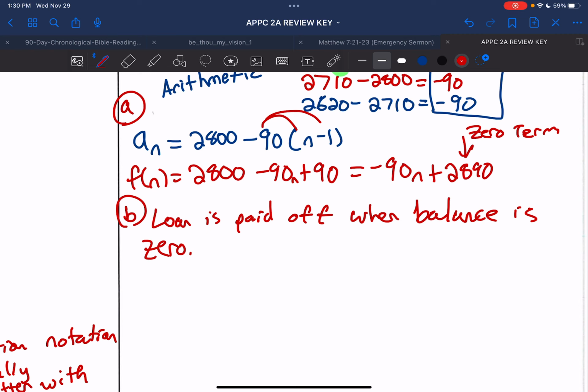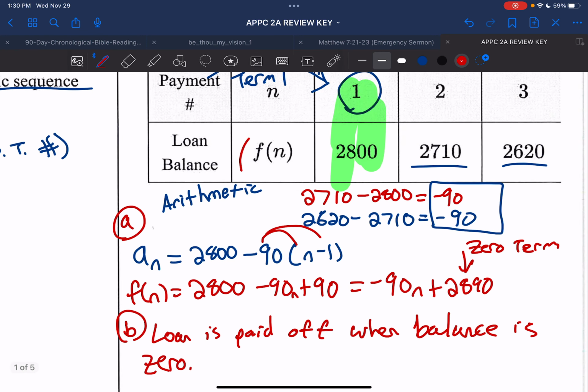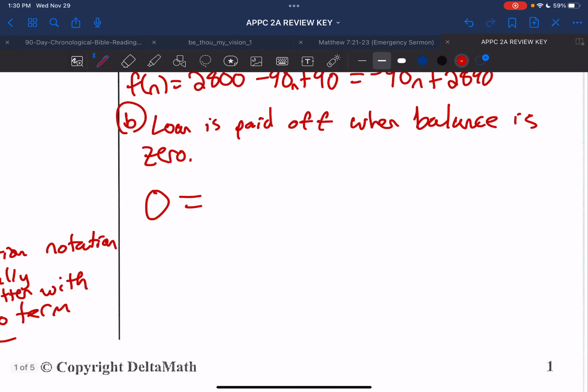So I can go down here and plug in 0 for what my function is outputting, because in here my f of n is talking about my loan balance. So 0 equals negative 90n, and I'm going to use the function notation just because it's easier, plus 2890, and then just solve.